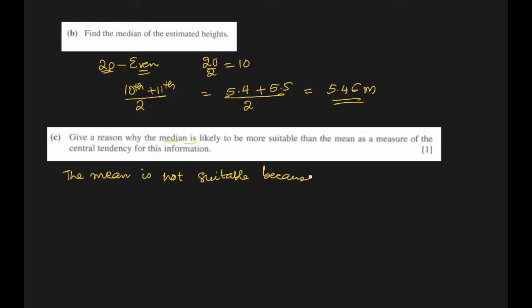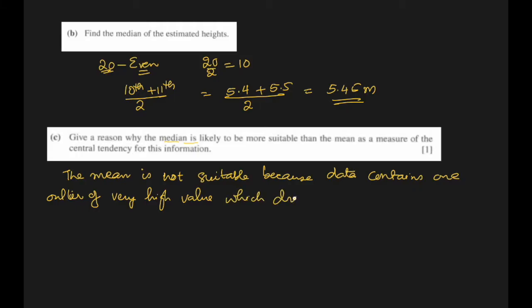Because data contains one outlier of very high value, which drove the mean upwards significantly.